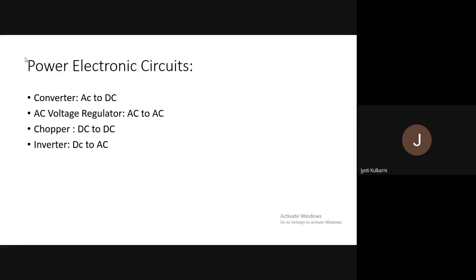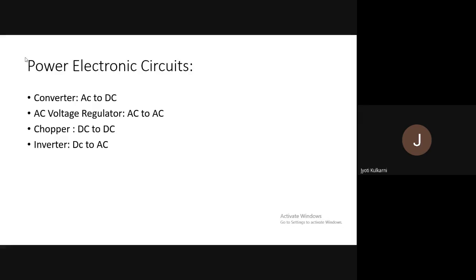So what it does, AC voltage regulator converts fixed AC into variable AC. It is just like our transformer. In our transformer also we vary the output voltage from primary to secondary. So whenever I want to change the magnitude of the output voltage in AC form, we generally use a transformer either to step up or step down.